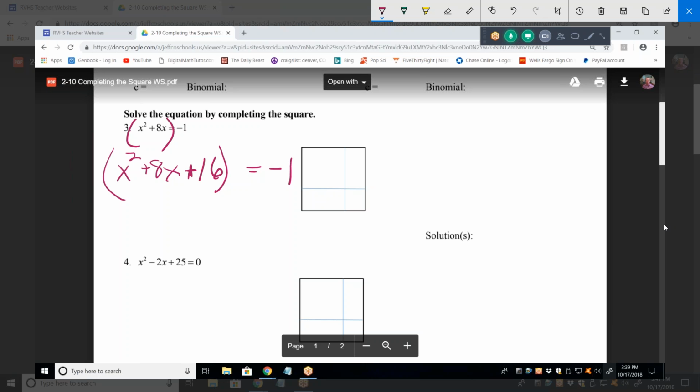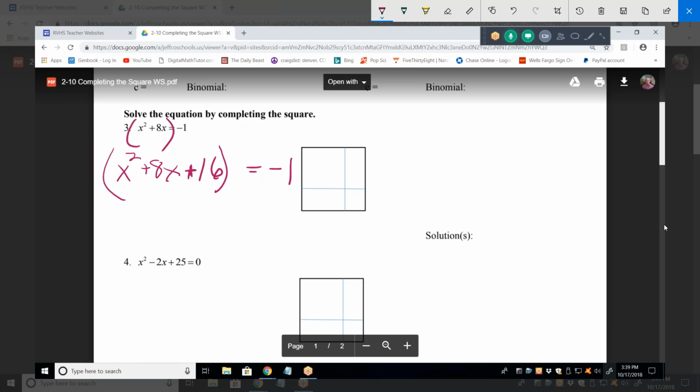Correct. However, we just changed the left side of the equation. I can't arbitrarily do that. What do I have to do to balance it? Don't we have to take away 16? Actually, it's on the other side of the equation where we're balancing it.